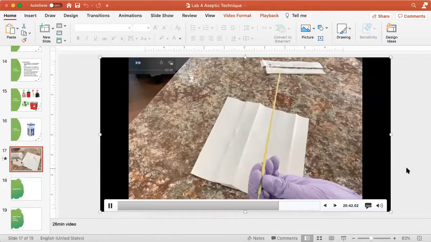So some people are opposed to their use. It's a problem in all of laboratory work that we use a lot of single-use plastic, disposable materials. And hopefully, at some point, we will get away from that. But this is a tool that's available to us.